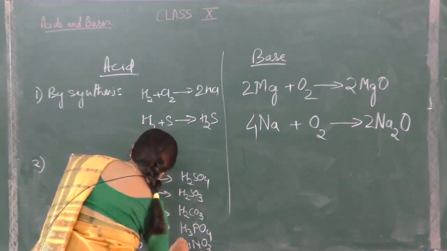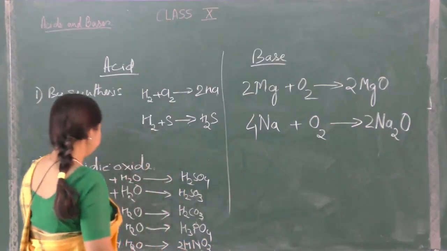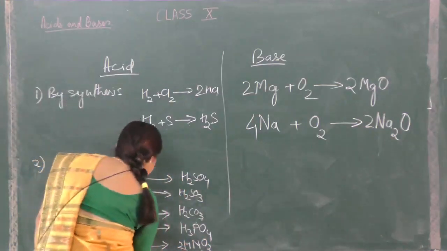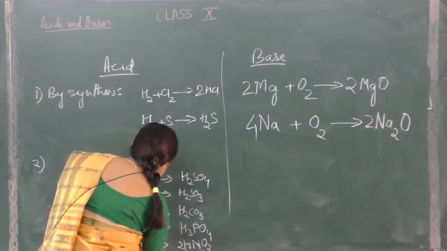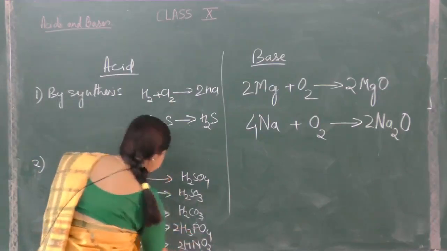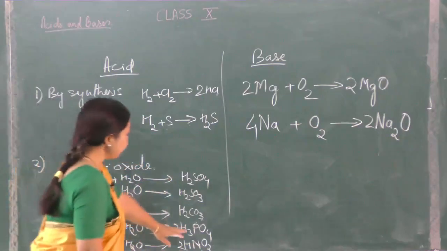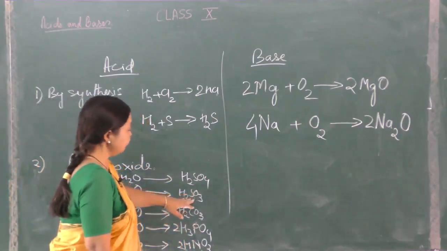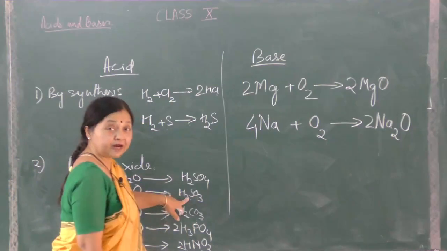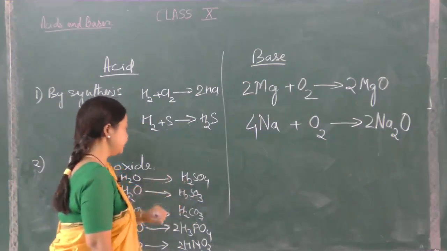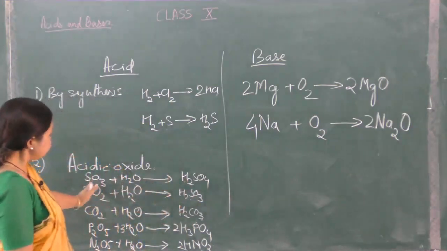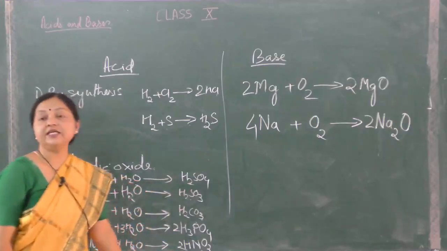This is 2HNO3, and this is 3H2O, 2H3PO4. So phosphoric acid, nitric acid, carbonic acid, this is sulfurous acid, and this is sulfuric acid. When these acidic gases are dissolved in water, they furnish these acids.